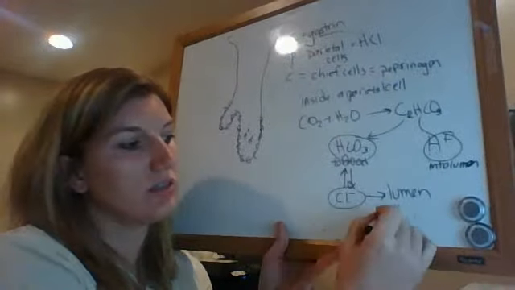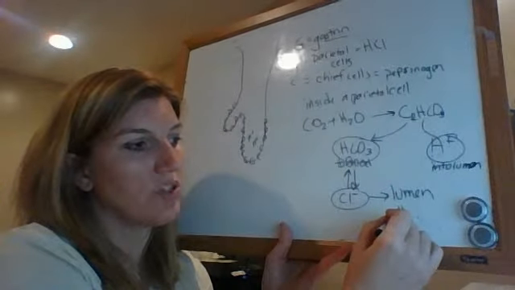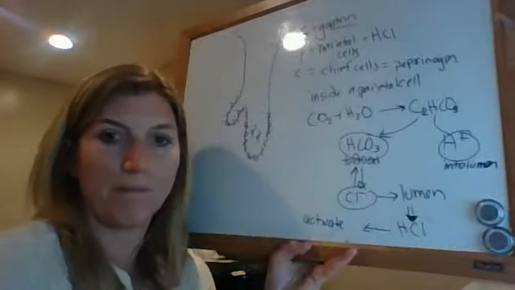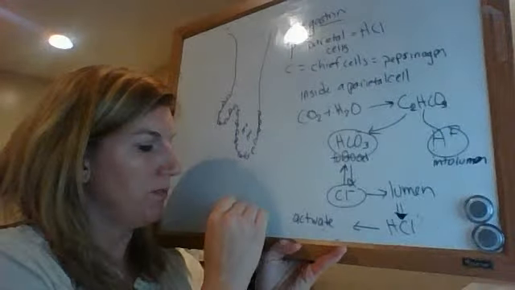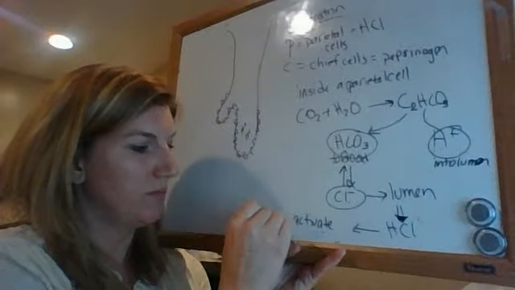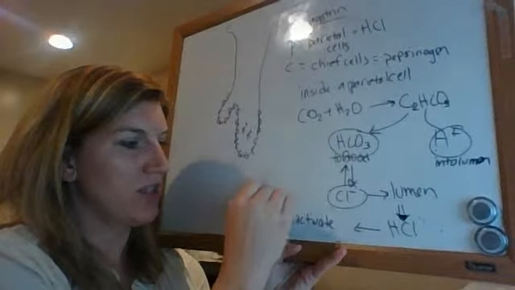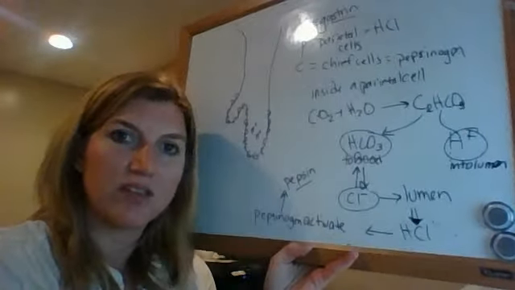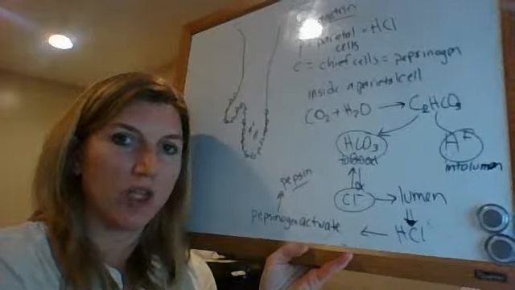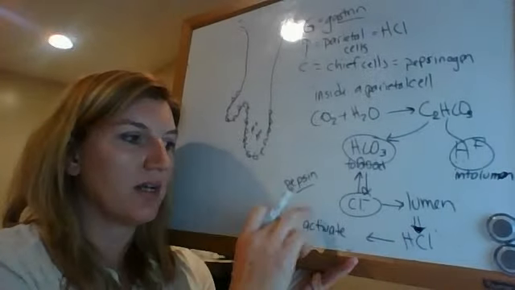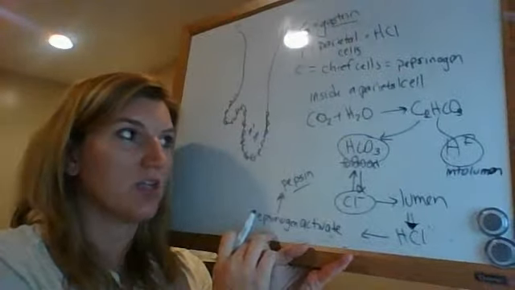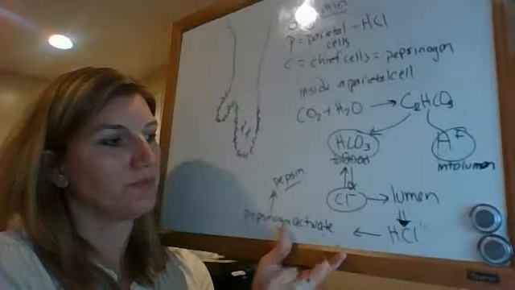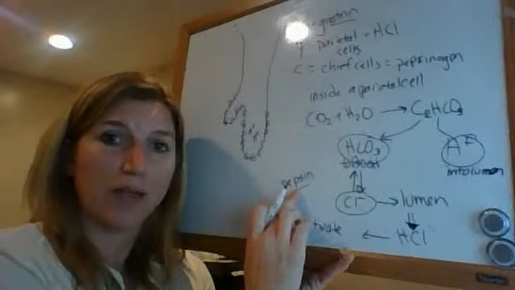And that HCl is going to activate pepsinogen. And pepsinogen is now pepsin when it's in the presence of HCl. When it is in that very, very low pH in that acidic environment, HCl will activate pepsinogen, which is being released from our chief cells, and pepsin will now be the product.